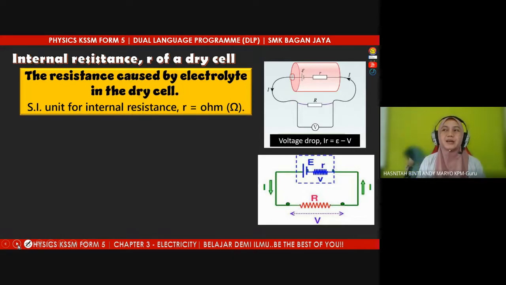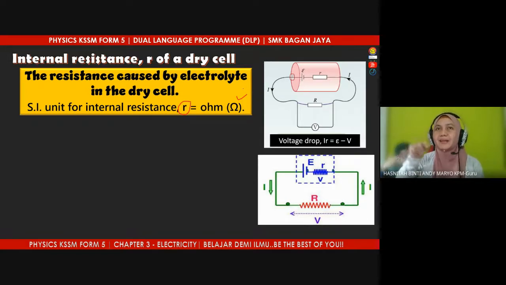Okay, this is the definition for internal resistance. Internal resistance refers to the resistance caused by the electrolyte in the dry cell. The unit for internal resistance is similar to the unit for resistance, only the symbol is small r. The symbol is small r, the unit is ohm.